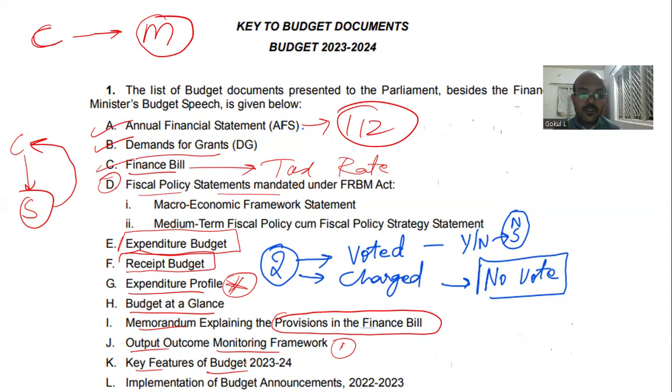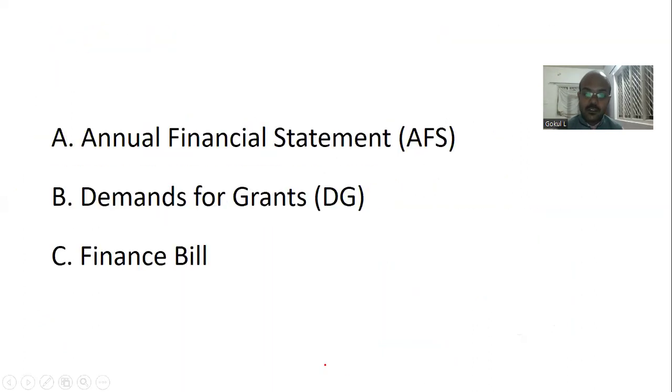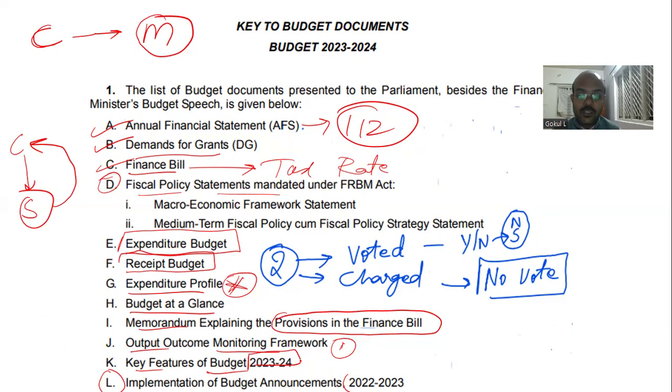Okay, so we have taken 23-24 as the example. Next, the last one is very important, L. Here, as you can see, L, implementation of budget announcements, not of that year but of the previous year. But the next document speaks about the implementation of budget announcements.